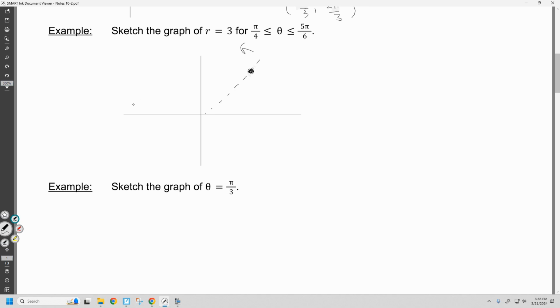I will get to the angle of 5 pi over 6. You are good at just thinking r equals 3 must be a circle, but getting to know why it's starting here and going counterclockwise around, that's important. So we just get this arc of the circle.